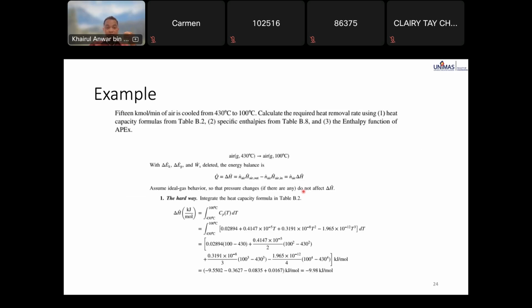Example: 15 kilomole per minute of air is cooled from 430 degrees C to 100 degrees C. Calculate the required heat removal rate, using heat capacity from table B2, or table B8, or the Apex function.